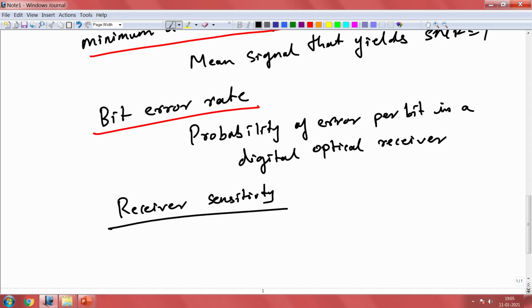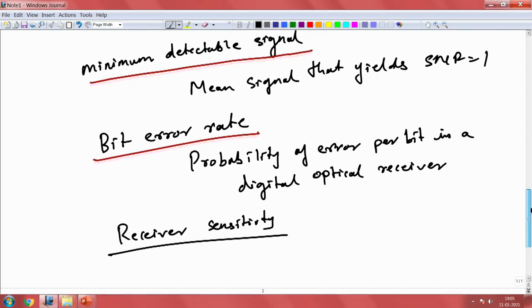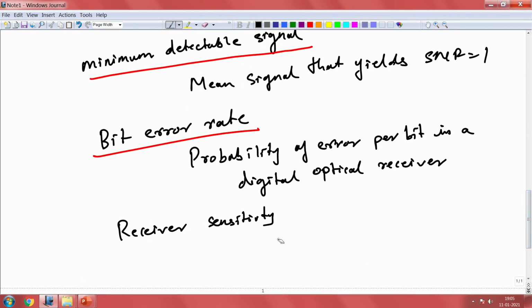The higher value of SNR gives you the accurate value of your signal detection. For example, if you have a higher SNR, that means your receiver is much more sensitive.